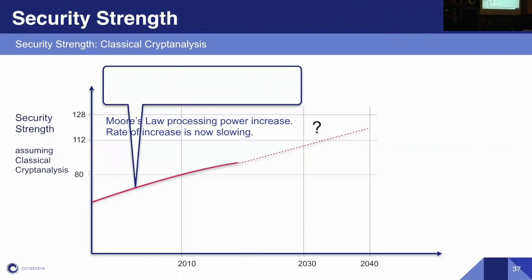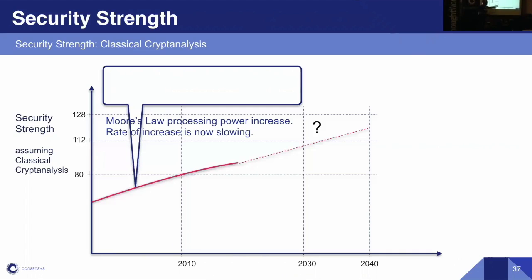But the idea was that as compute power increased, we always hear about the power of CPUs increasing, and that was going up essentially at a rate of Moore's law. So if your compute power increases, then the amount of security strength required to withstand an attack goes up at the same rate.